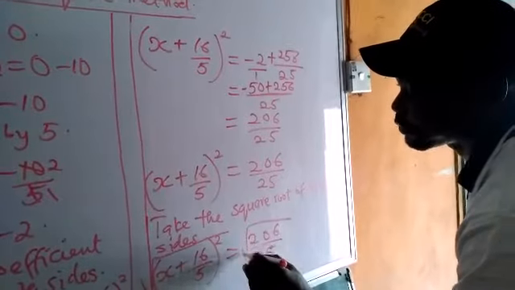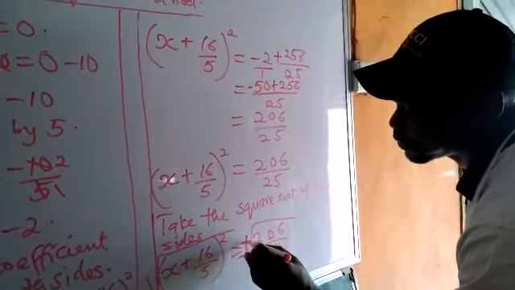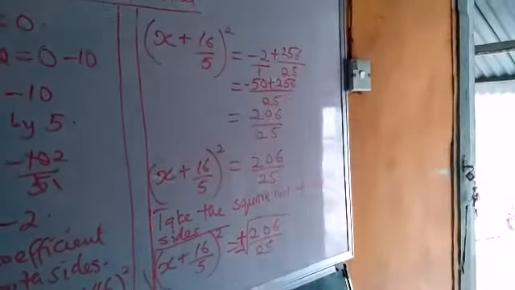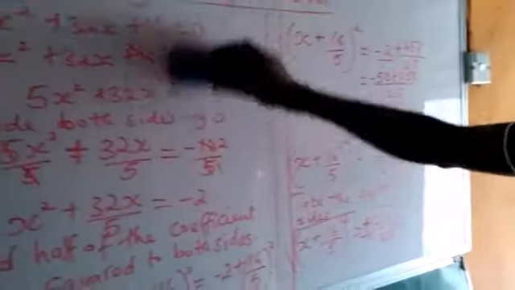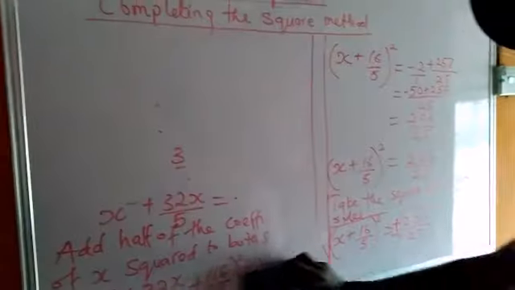You take the square root of it, then you put plus or minus. So let's clean this side to proceed.